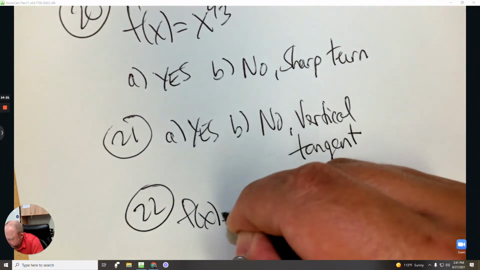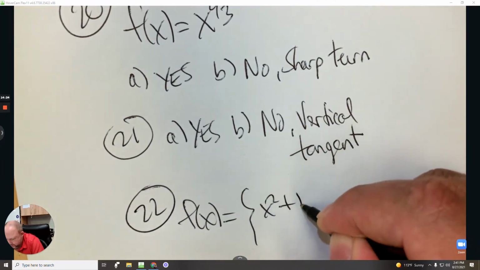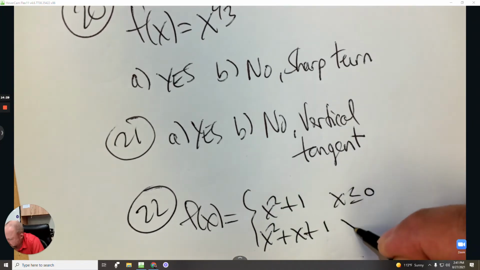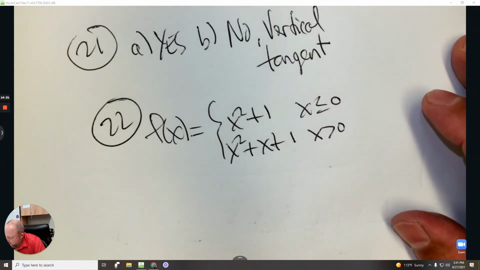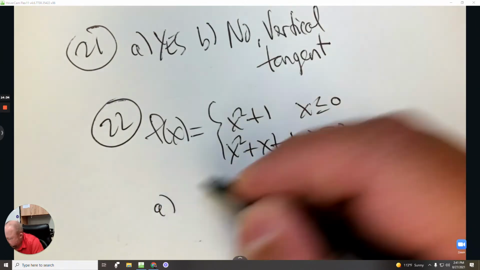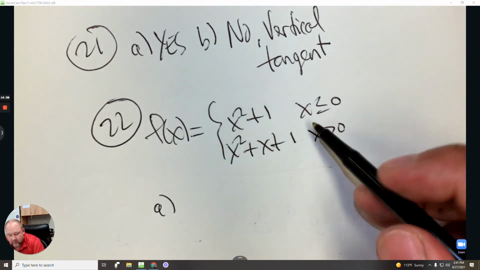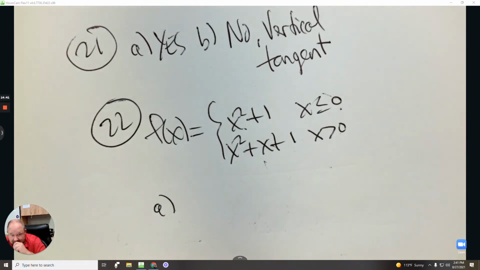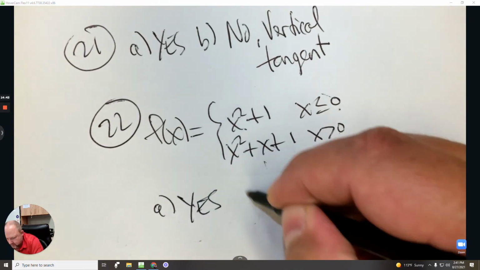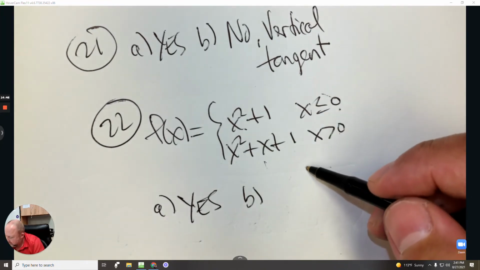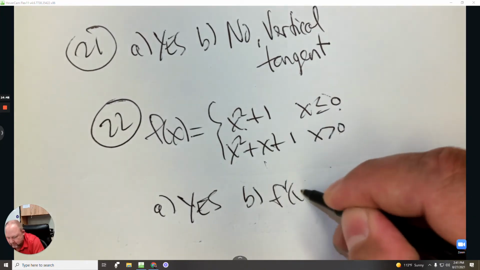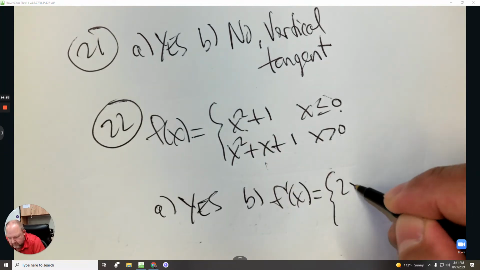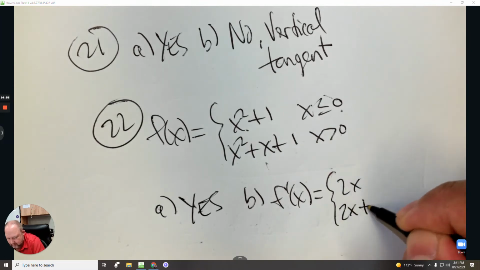You have a function. And the question is, is it continuous at 0? So if I plug in 0 on top and then 0 on the bottom, I get the same answers. The answer is yes, because they both give you the answer 1. Is it differentiable? Well, I have to take the derivative. So this is 2x, and on the bottom is 2x plus 1.